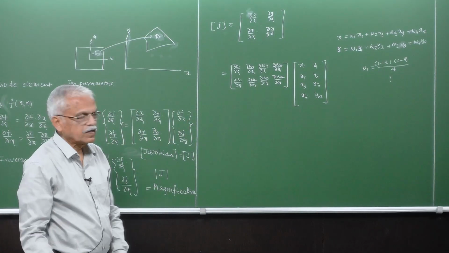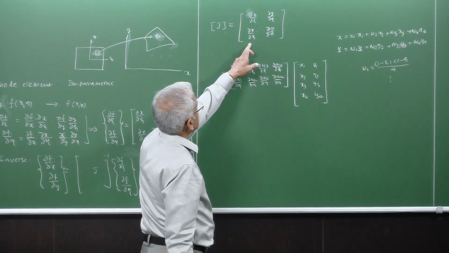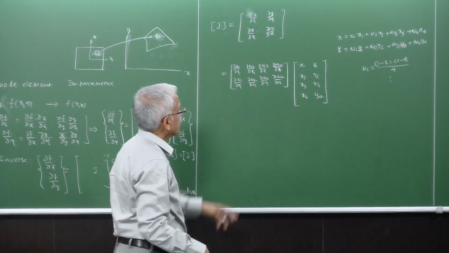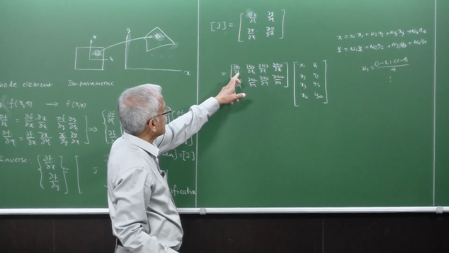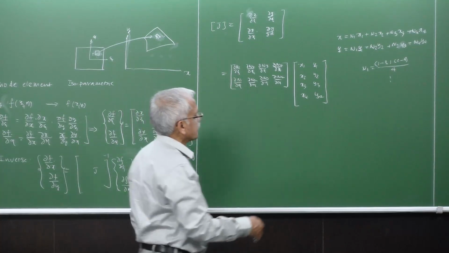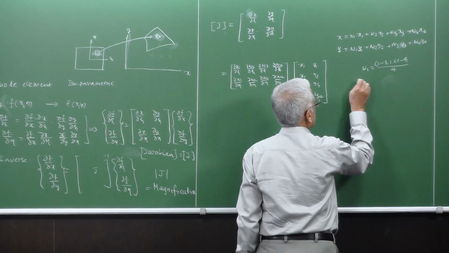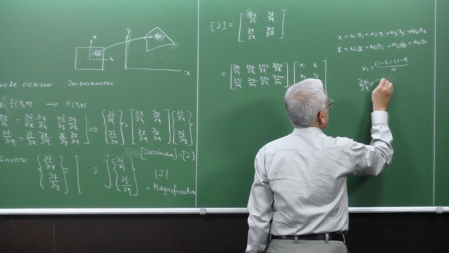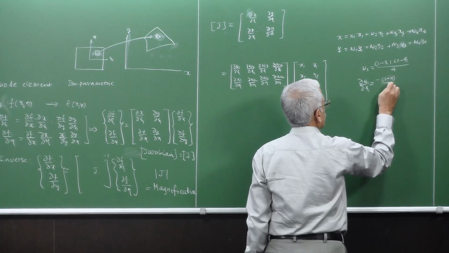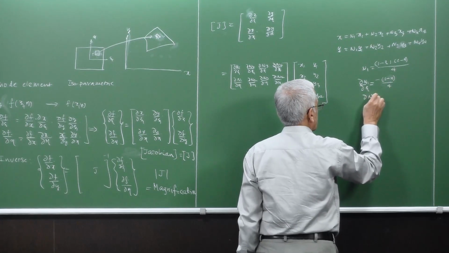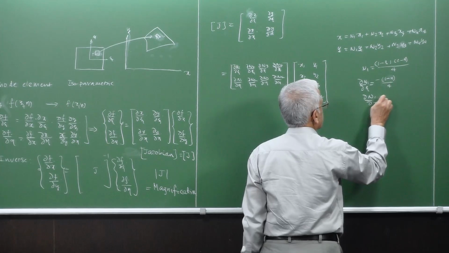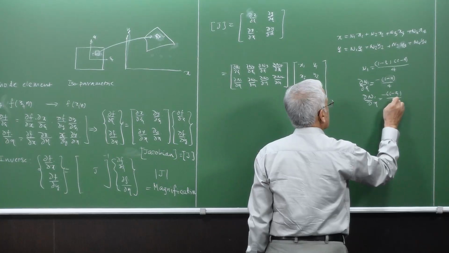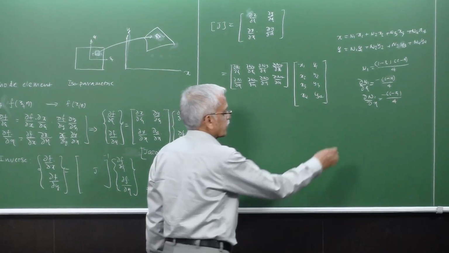In a nutshell, this is a concise form of the Jacobian in terms of the coordinates here. This N1, for example, is a derivative of this one. Just for the sake of completeness, you can write it in terms of xi: it is minus 1 minus eta by 4, and minus 1 minus xi, and so on.